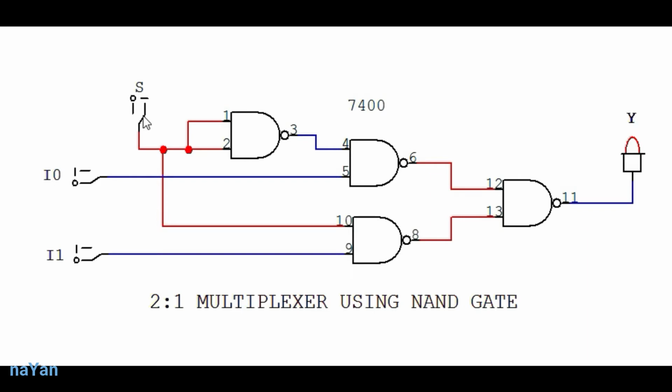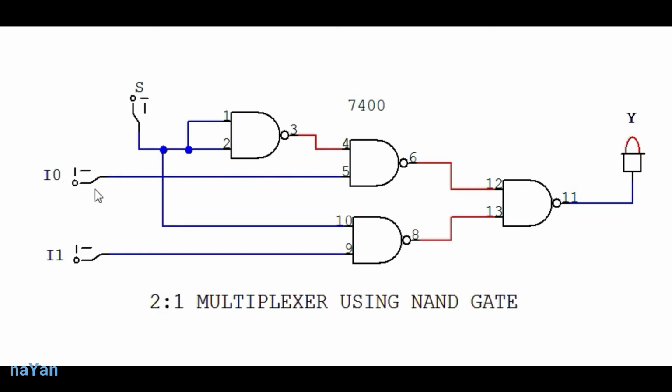We have a select line or select input, that is S, and 2 input lines, that is I0 and I1. Y is the output LED. Now, when S is 0, then I0 line is selected.